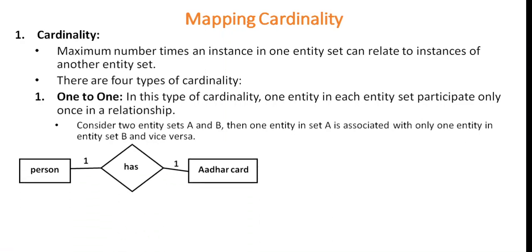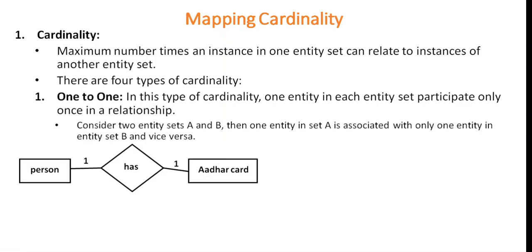Let's take one example. Person entity is there and Aadhaar card entity is there. Now we know that one person has only one Aadhaar card, and one Aadhaar card belongs to only one person. So here person and Aadhaar card, these two entities are sharing one-to-one mapping cardinality.